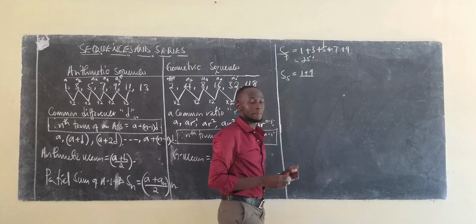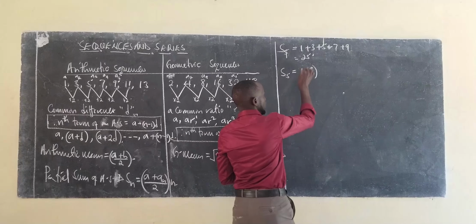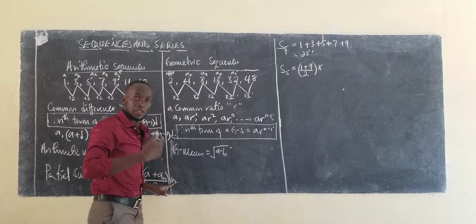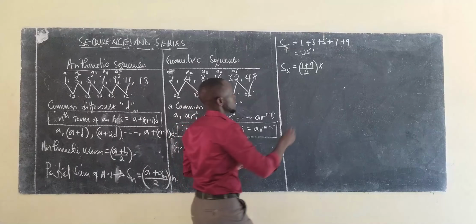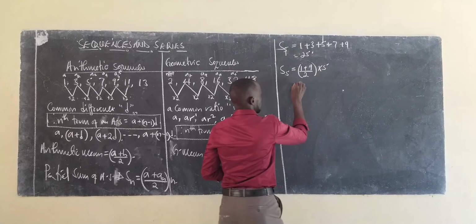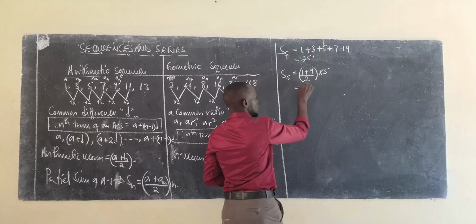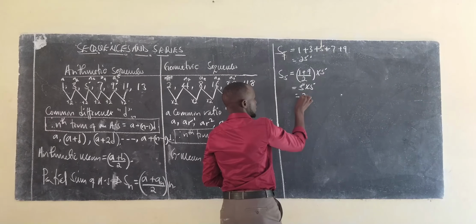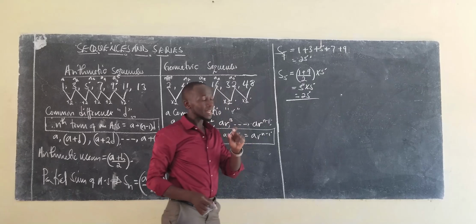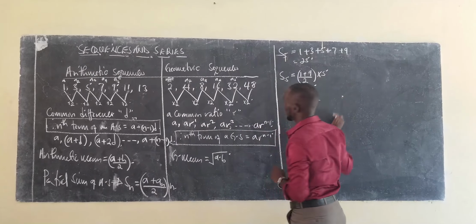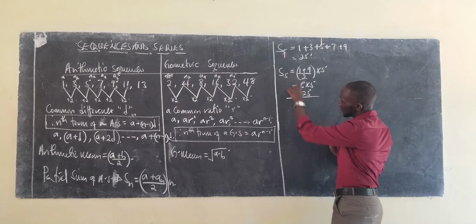We divide by 2, times n, and n stands for the number of terms, which is 5. So 1 plus 9 gives us 10, divided by 2 is 5, times 5 gives us 25. So instead of writing it roughly and adding individual values, it is better to use this.